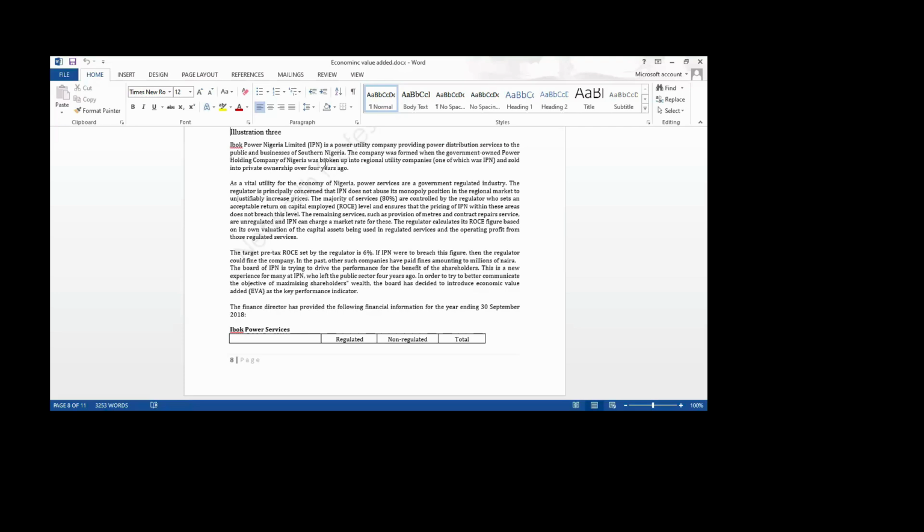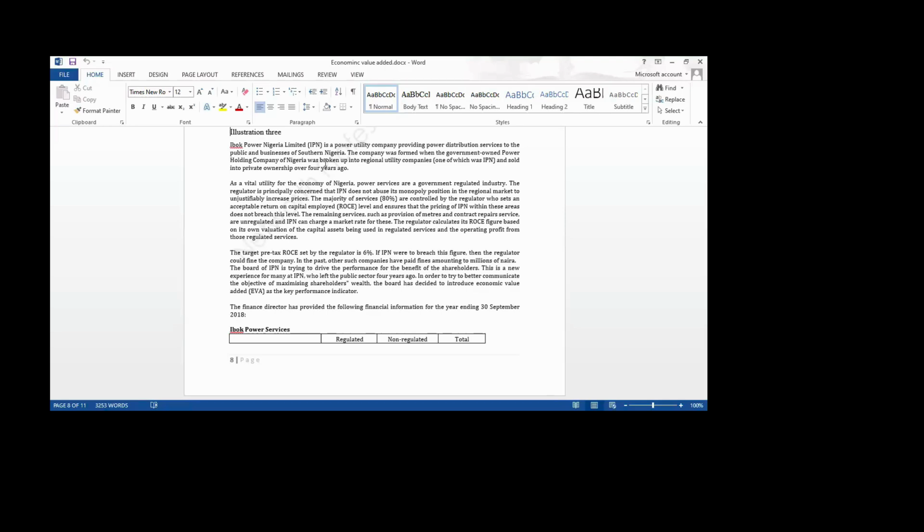Majority of the services, 80%, are controlled by the regulators, who set an acceptable return on capital employed and ensure that the pricing of IPN within this area does not breach the level.